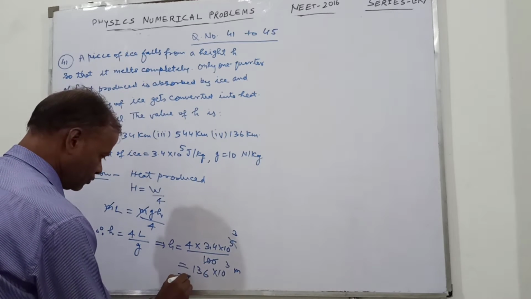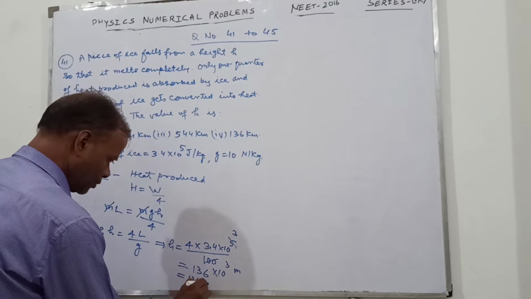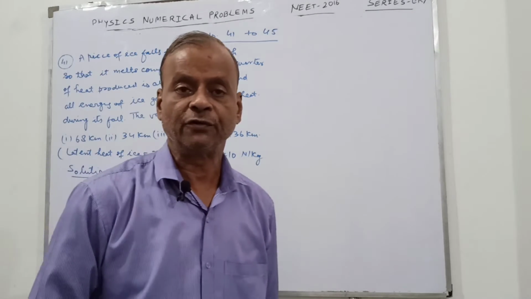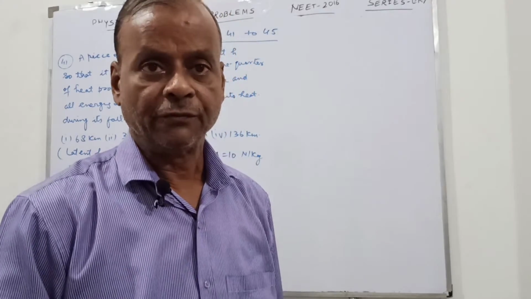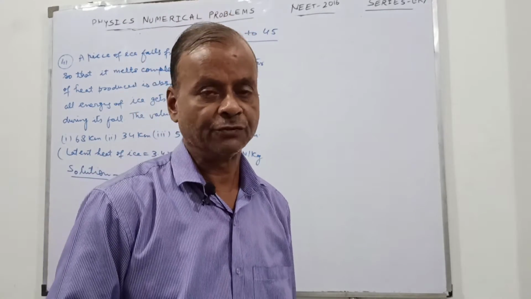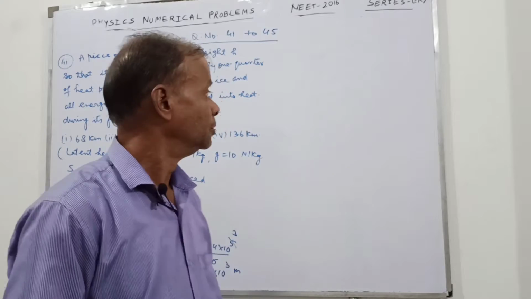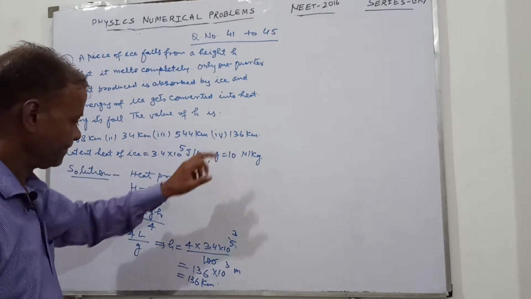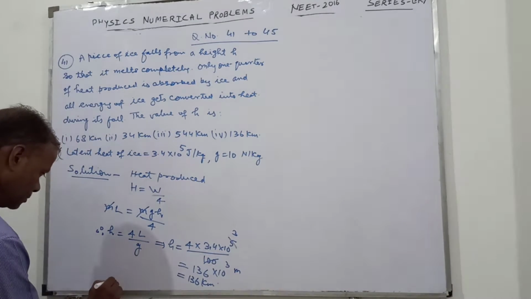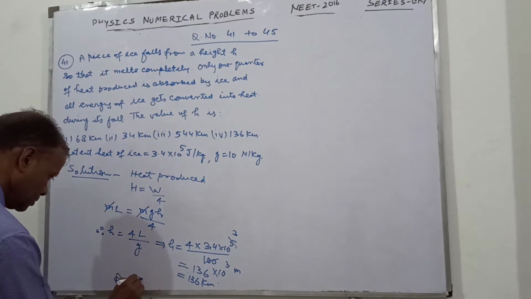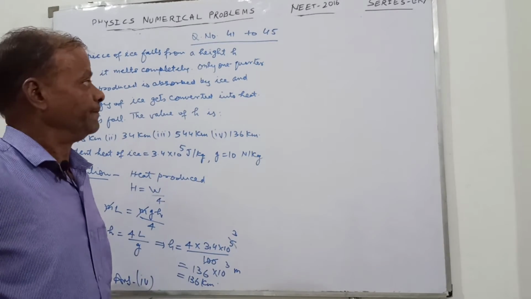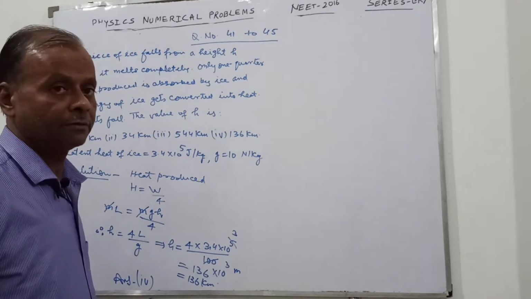So this is equal to 136 kilometer. So the height from which the ice block falls freely is 136 kilometer. So our right answer is the fourth one. This is question number 41.